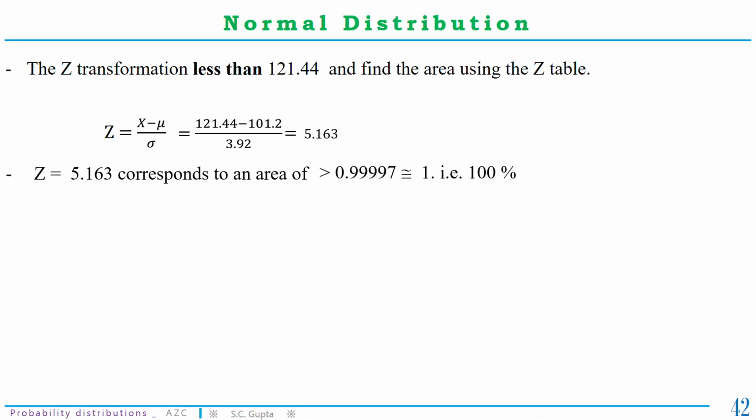For Z value 5.163 corresponds to an area of greater than 0.99997, equivalent to 1, that is 100%. Thus, probability below 121.44 milligrams is 1.